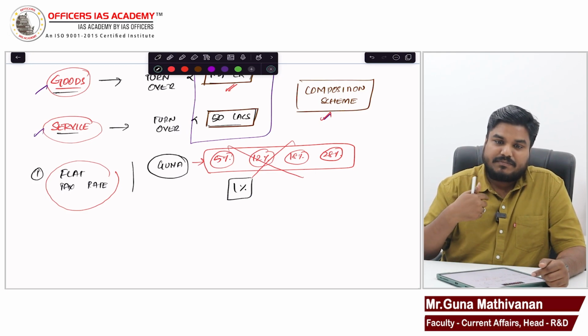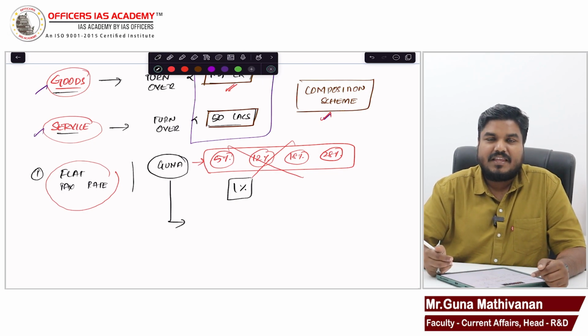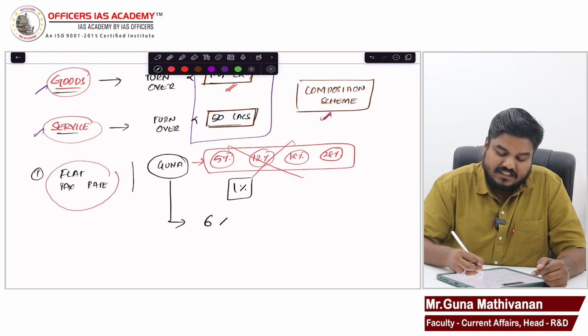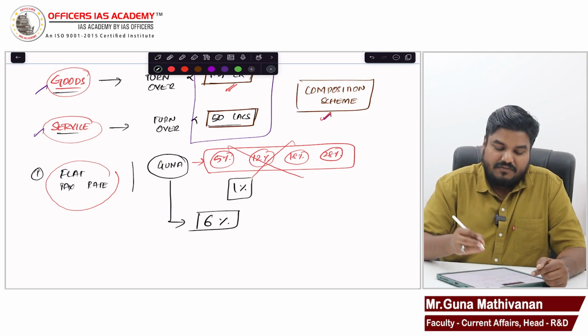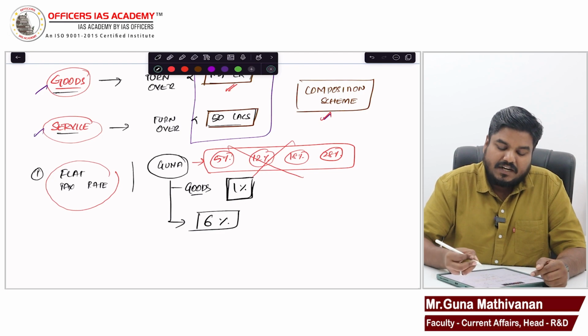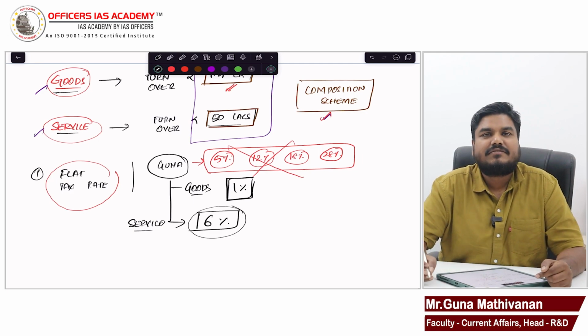If Guna is a service provider, providing services, then the tax rate will be a flat 6%. If Guna is dealing with goods, the tax rate will be a flat 1%. If Guna is dealing with services, it will be a flat 6%.